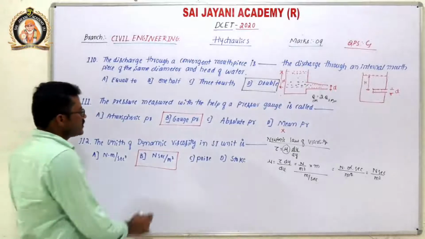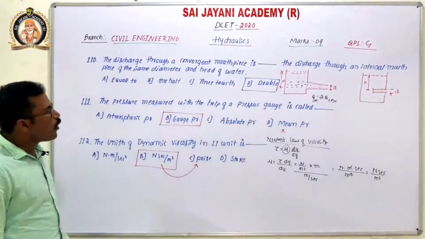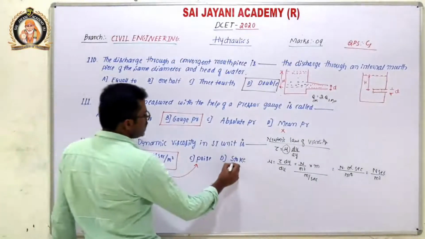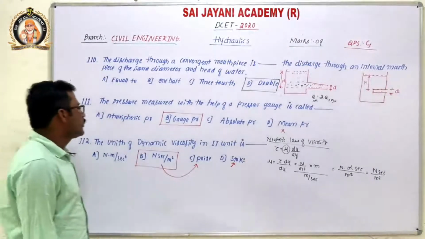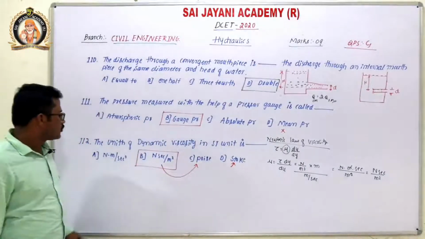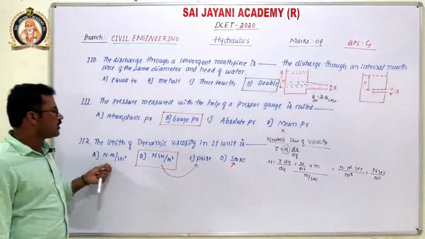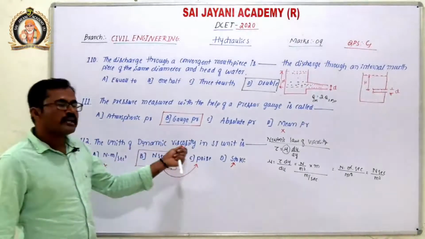In case of CGS system, it is known as Poise. Stoke is the CGS unit of kinematic viscosity. So Newton meter per second square is not a valid answer. So what is the SI unit of dynamic viscosity?